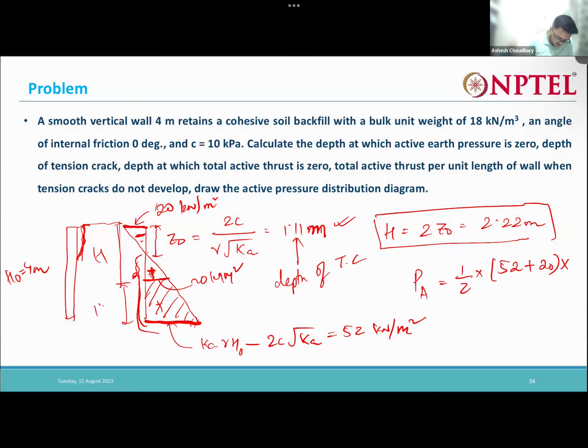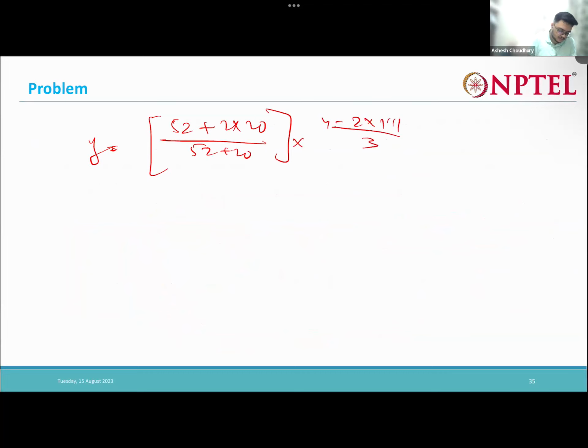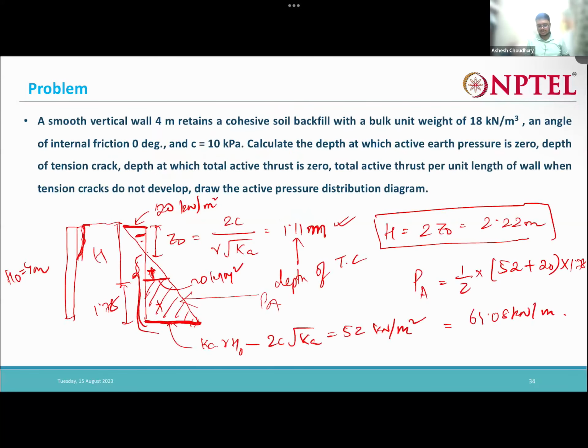Similarly, to get the point of application of Pa, we can use the formula for the centroid of a trapezium and determine the y value, which is 0.5 meter from the base. So this will be acting at this much distance from the base.